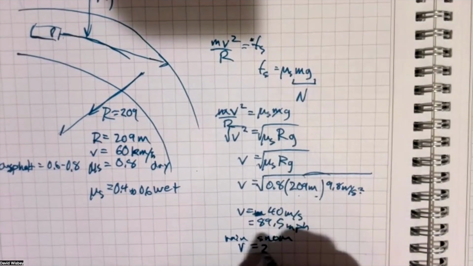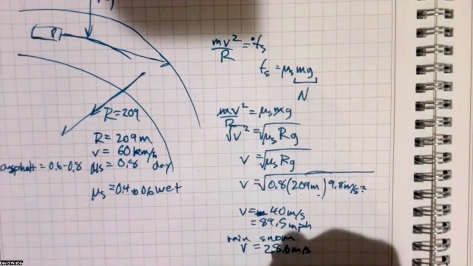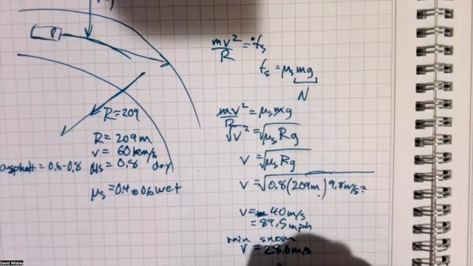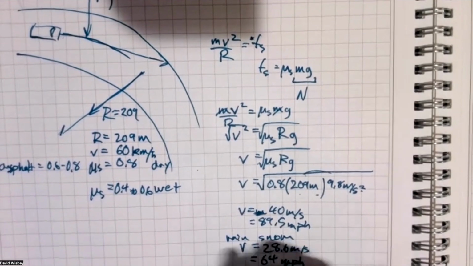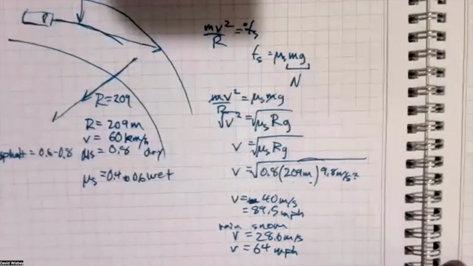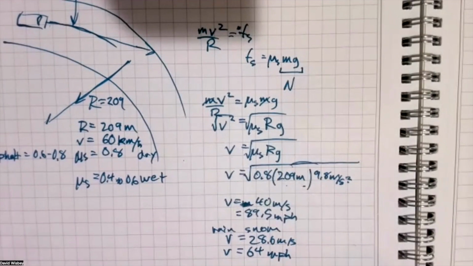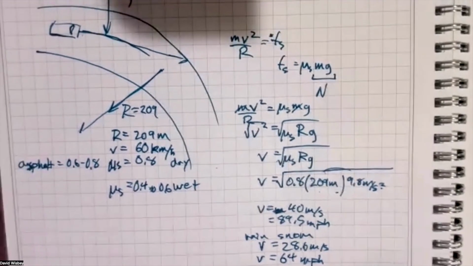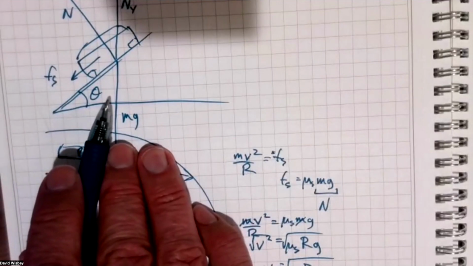This is going to drop, and so I can only go 28.6 meters per second, or about 64 miles per hour. So when it's wet, it drops off pretty quickly. But let's see what happens when we add a bank to our turn. So we're going to add a little bit of an angle here.